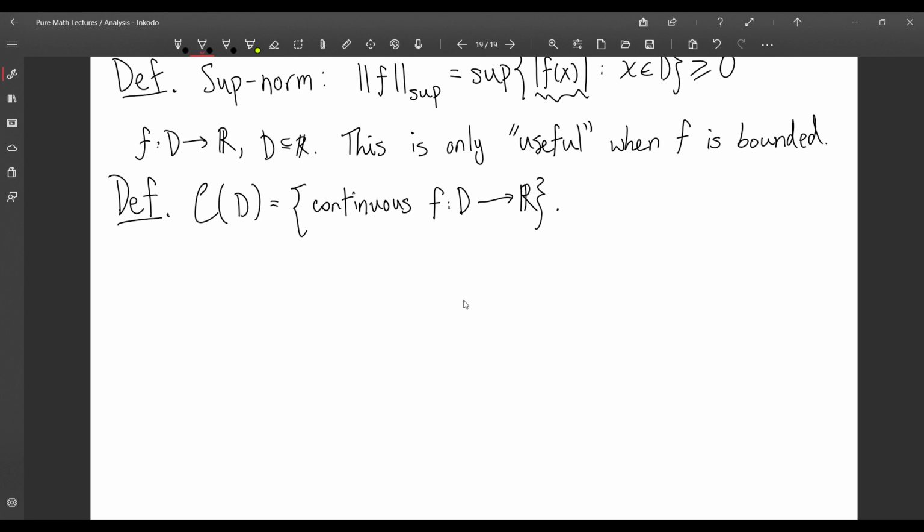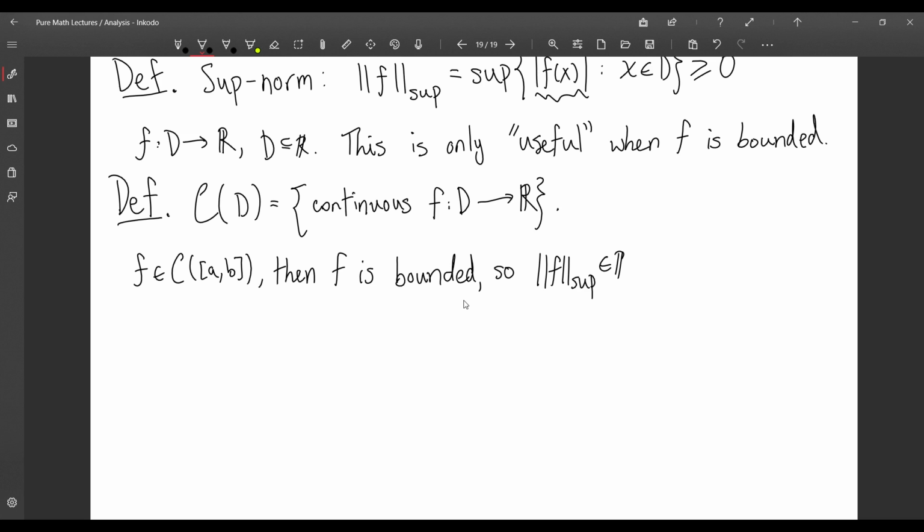So now we proved before that if f is continuous on, say, the closed interval a to b, then f is bounded, so the sup norm is well defined as a real number.